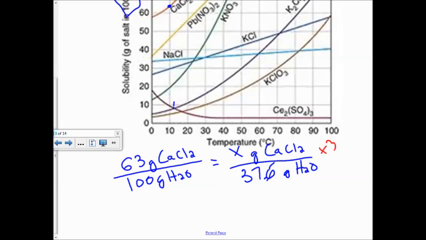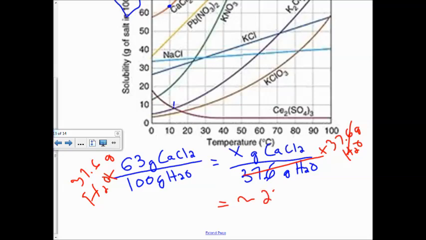Multiply by 37.6, so we can cancel out what's on top and what's on bottom. I really need to work on handwriting. That's H2O. And then you get an answer, what'd you get, 23-ish roughly? Somewhere around 23.1 grams calcium chloride.